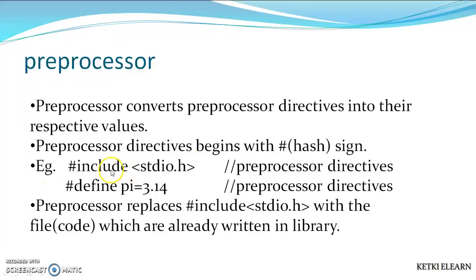So what is the function of #include and #define, we'll see in the respective lectures. For now just remember that the preprocessor converts these preprocessor directives into their respective values. So what does #include stdio.h mean? The preprocessor replaces this #include stdio.h with the code which is already written in the C library.